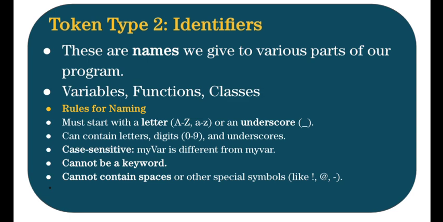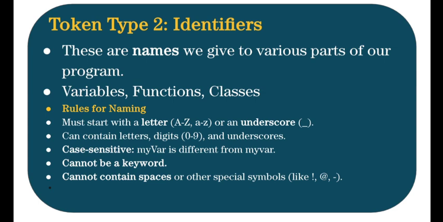And here are the rules for naming. We can use a combination of letters, digits and underscore, but it must start with a letter or an underscore. We cannot start it with a number.